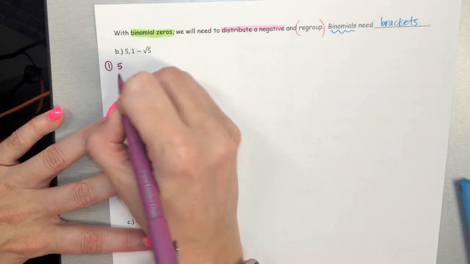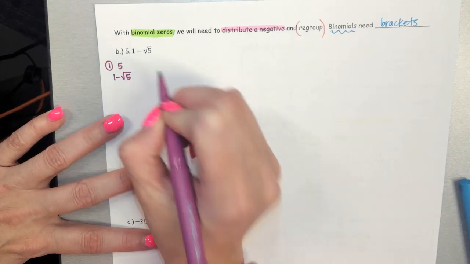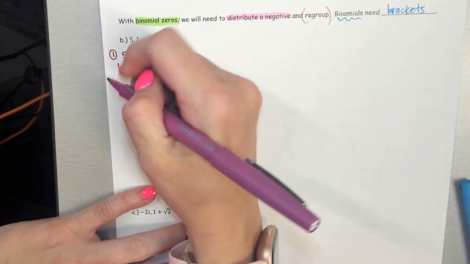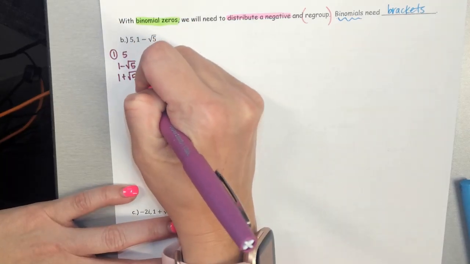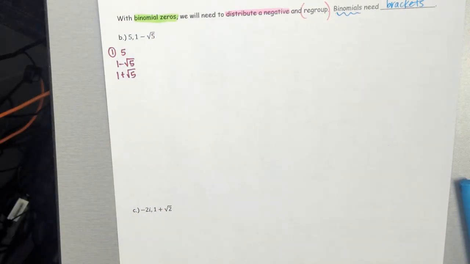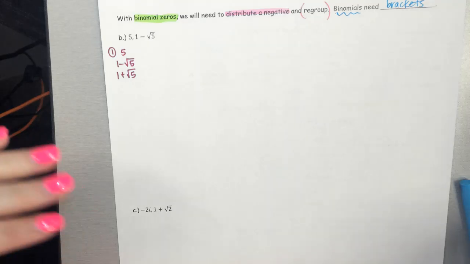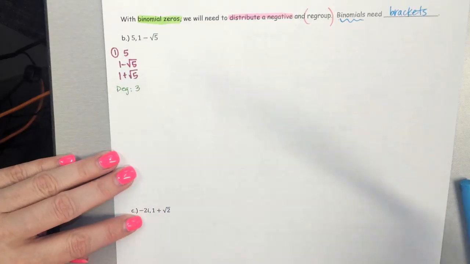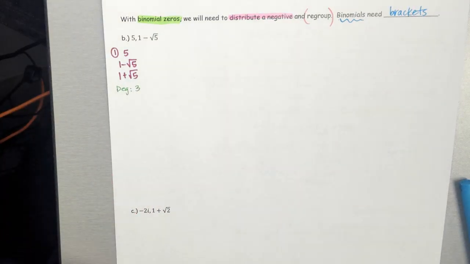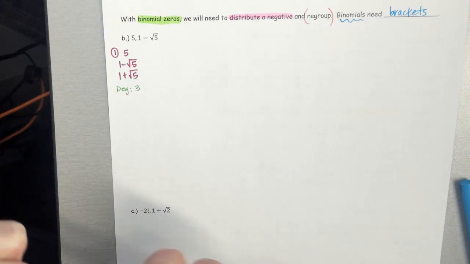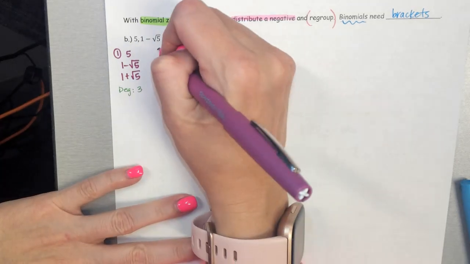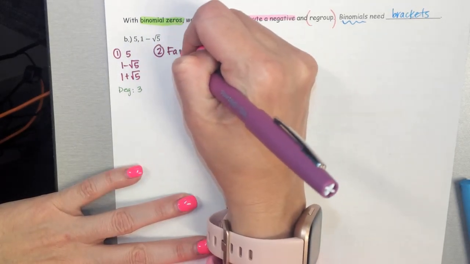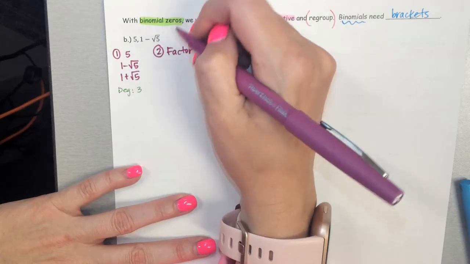You have 5, 1 minus root 5, and if you have a root, that means 1 plus root 5 also has to be a zero. That means your simplest polynomial is going to have a degree of 3. So x cubed should be part of your final answer. The second thing we're going to do is write these in factor form. I'm going to help you with that.